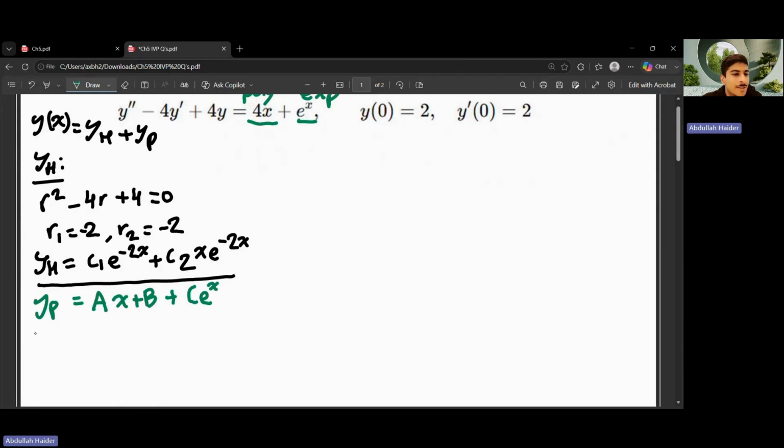So if I take the first derivative of yp, you will have a plus c e power x, and then if I take the double derivative of yp, this will be c e power x.